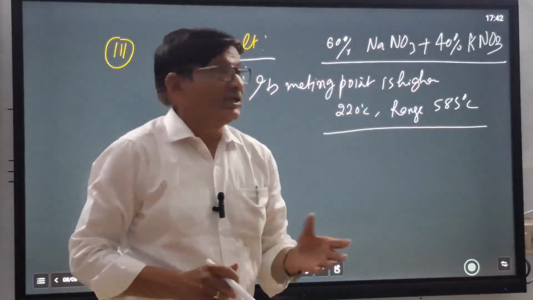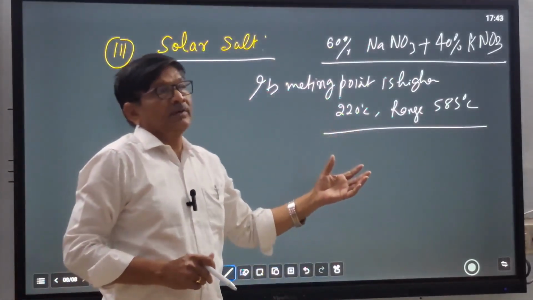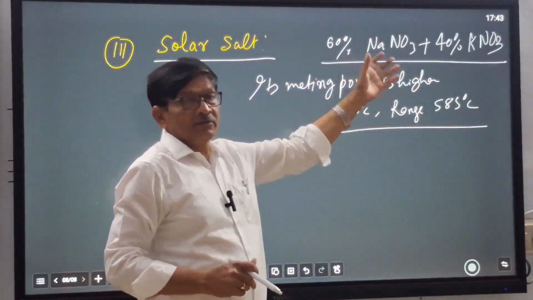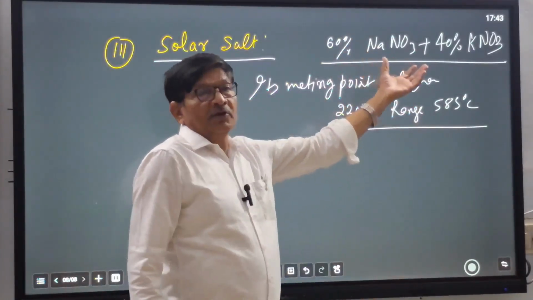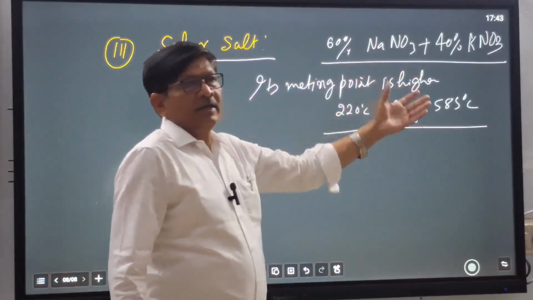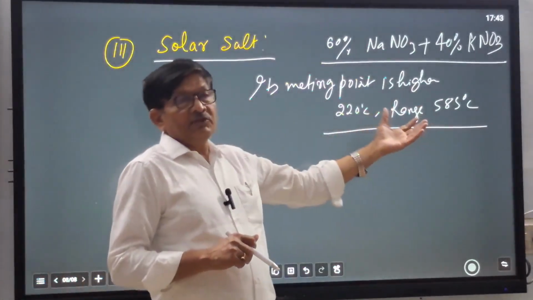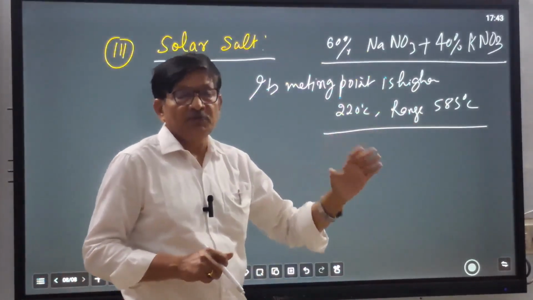and paraboloid dish collector type, because in these collectors and energy storage system power plants, we can store energy in this solar salt. This is a liquid material. After melting it becomes liquid, and in this liquid we can store energy up to this high temperature, which can be used for generation of power.